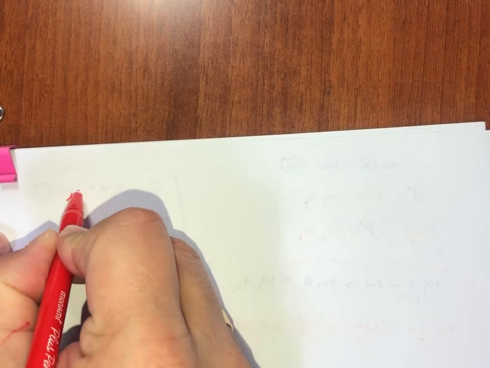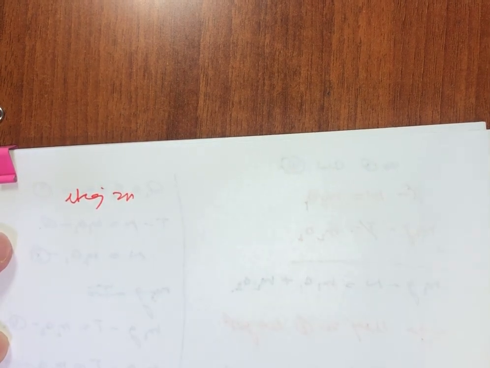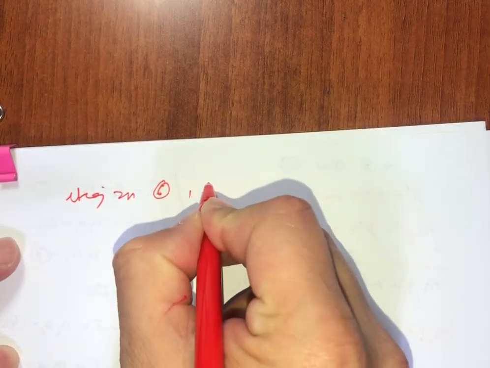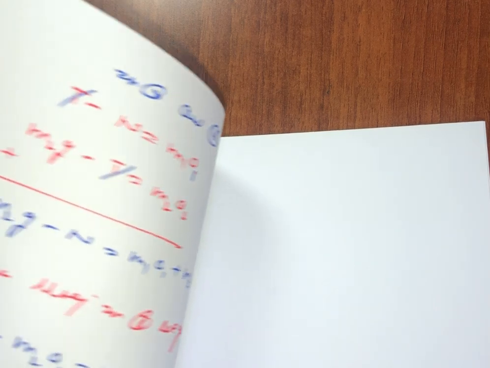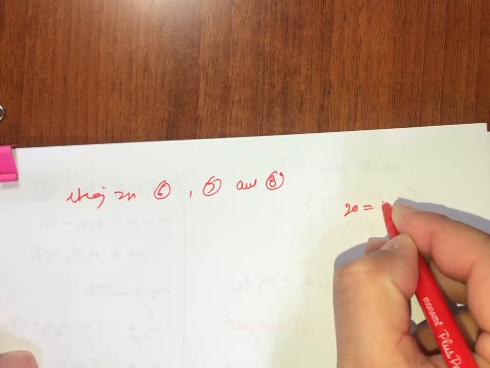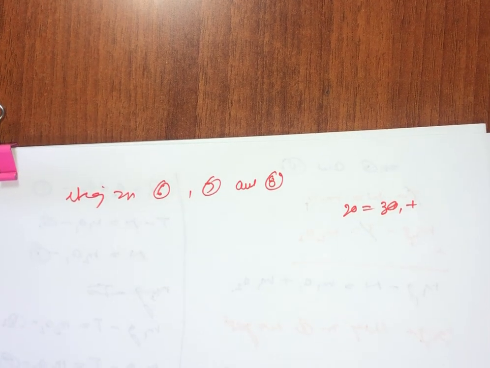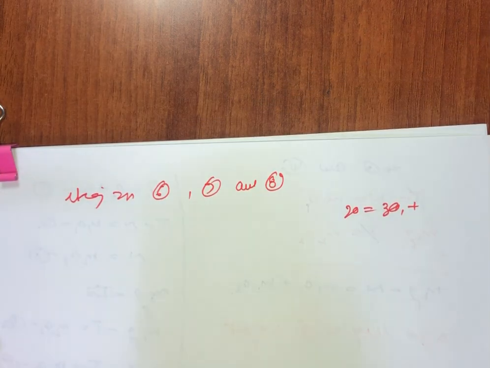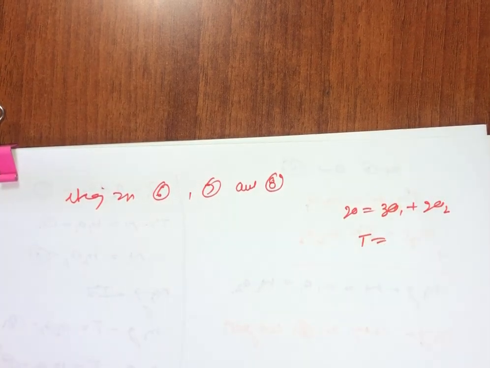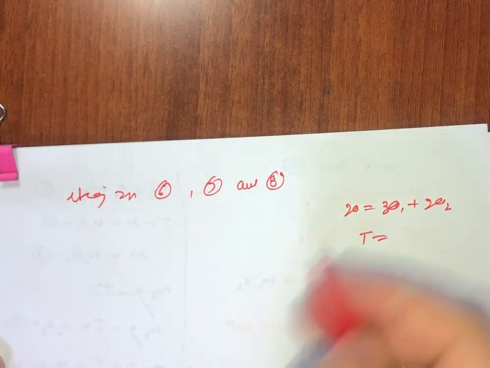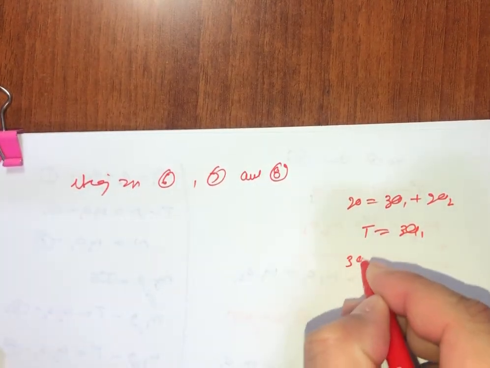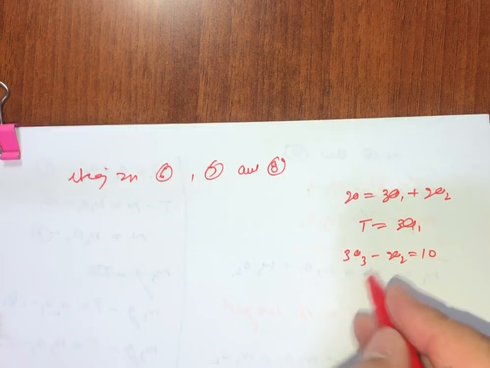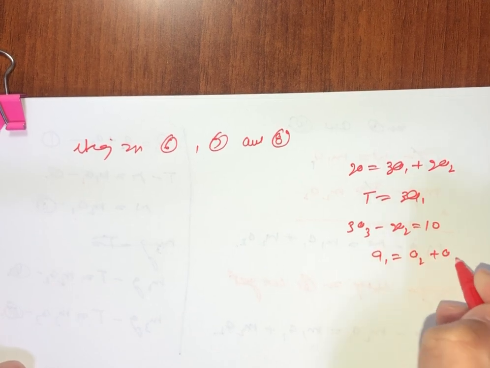So using equations 6, 7 and 8, let me write them here. 7 was T is equal to 3a1 plus 2a2, and T is equal to 3a1, and lastly we have 3a3 minus 2a2 is equal to 10, and we already have a1 is equal to a2 plus a3.